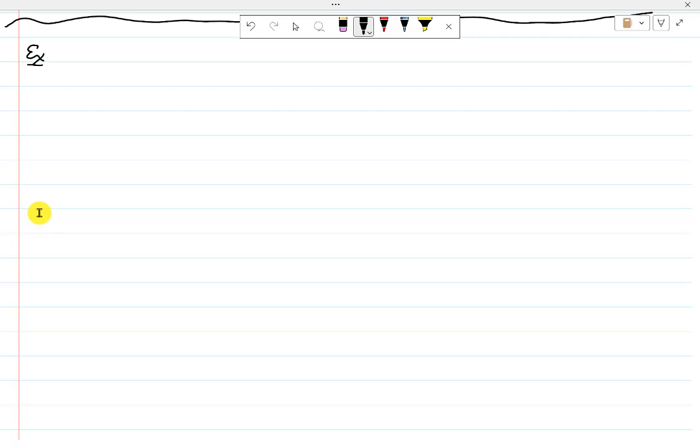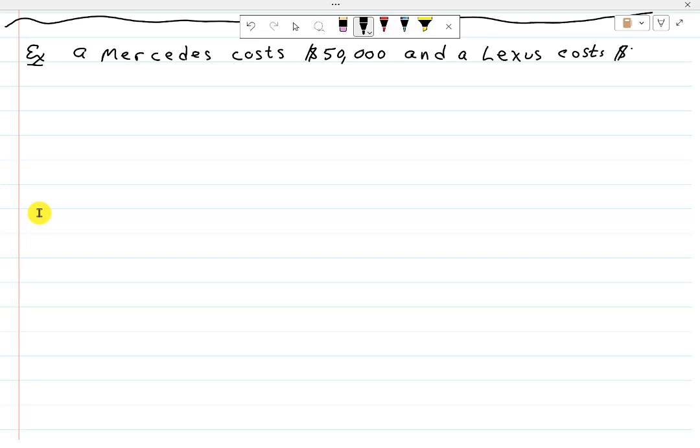A Mercedes costs $50,000. And a Lexus costs, let's say, $40,000.